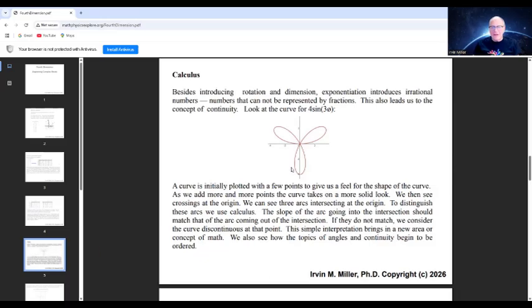Okay, now if we took a look at this graph here, this would have plotted a lot of points, and we can see a smoothness in the curves of the graph. But we notice for this particular graph, it crosses over 3 pieces. This piece over here, this piece over here, and this one over here. And as we were to plot these points, how would we know where to go?